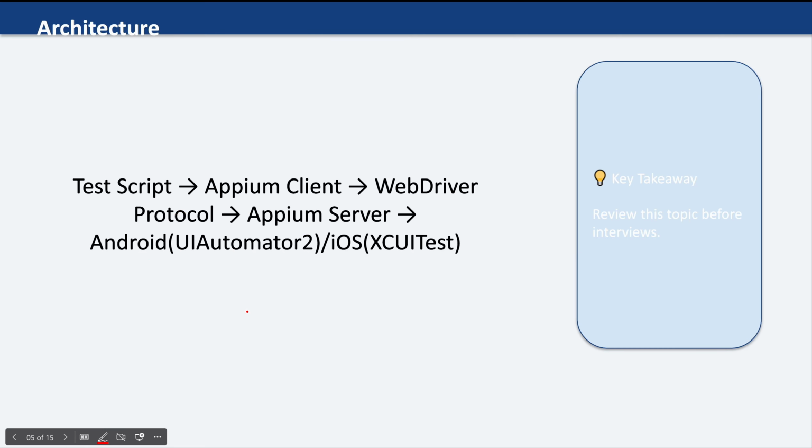So let's move forward. Before telling you the architecture, I want to tell you how Appium works. Appium works in a client server architecture. It is an HTTP server written using Node.js. So I'm making a small architecture of this. This is the Appium client.